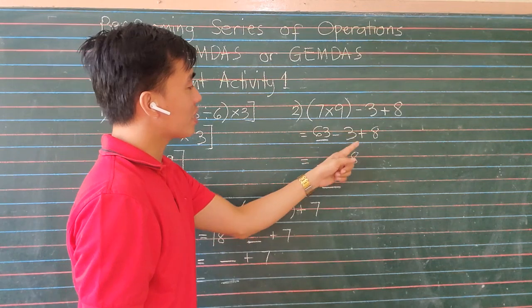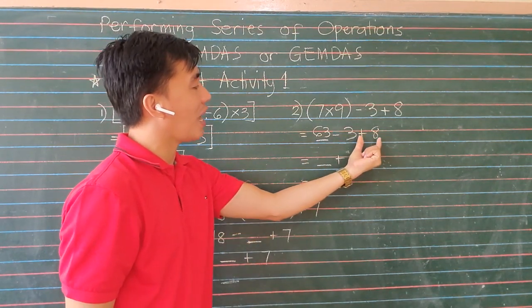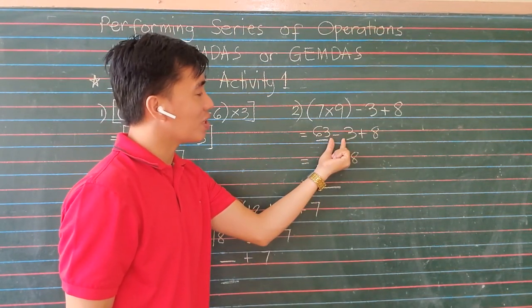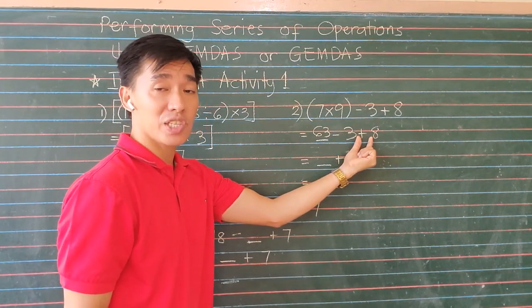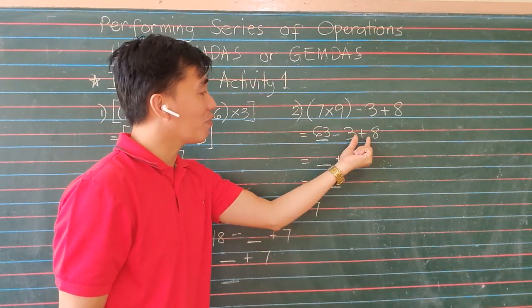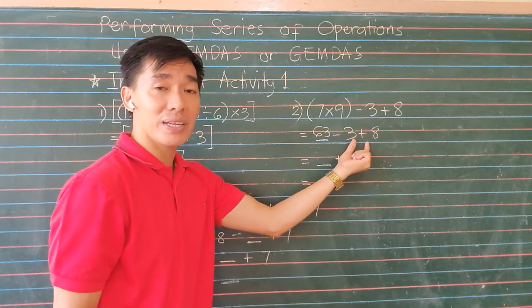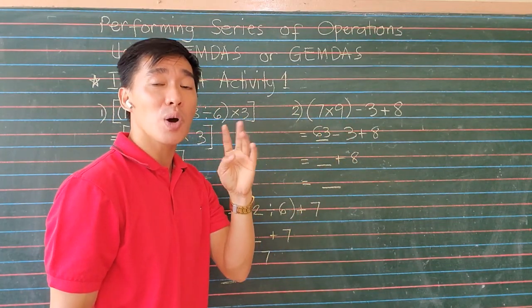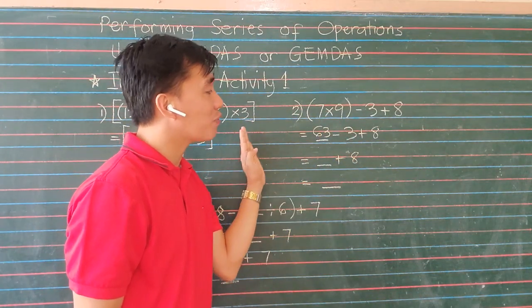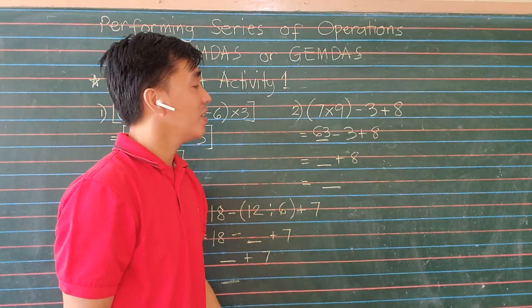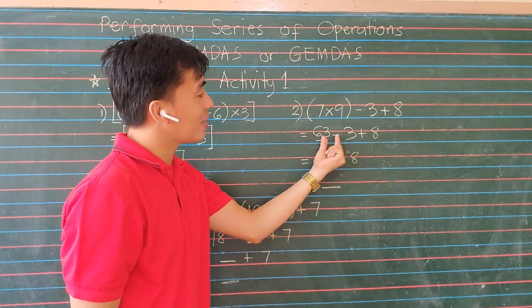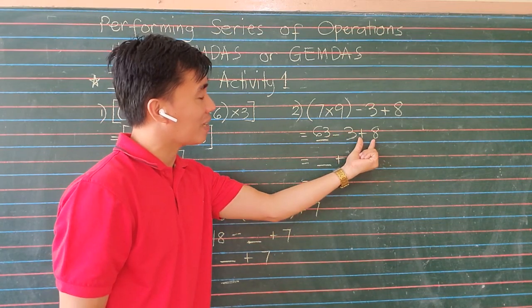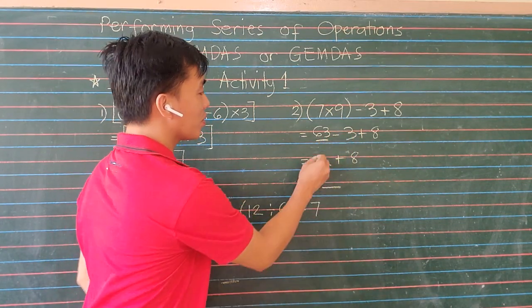Then in this case, of course, between subtraction and addition, subtraction is ahead of addition. Remember that both of them, they are already in step number 4. So which comes first from left to right order should be done ahead. So in this case, 63 minus 3, because subtraction is ahead of addition. So that is equal to 60.